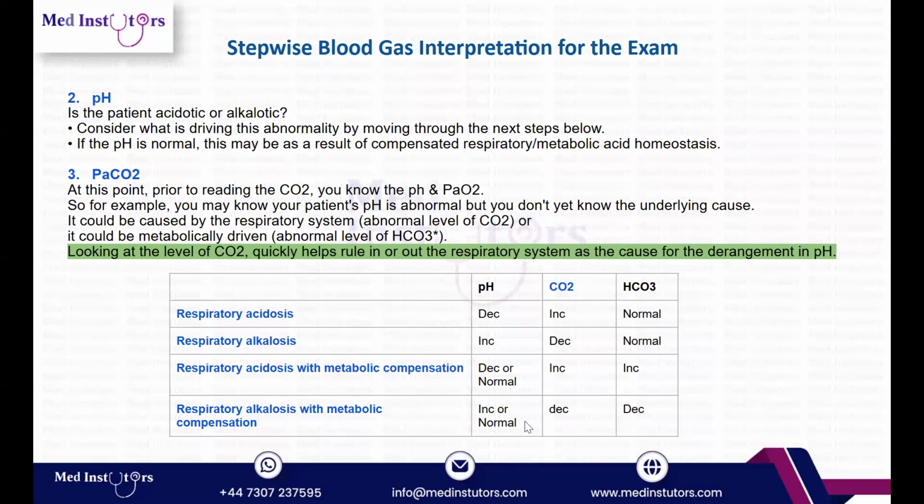Let's take an example of respiratory acidosis with metabolic compensation. In acidosis, pH would be decreased and carbon dioxide increased. As a result of compensation, the kidneys try to retain more and more bicarbonate ion, so the bicarbonate level goes up. Since the kidneys are trying to compensate, the pH is going back to the normal range, and that is your compensation.